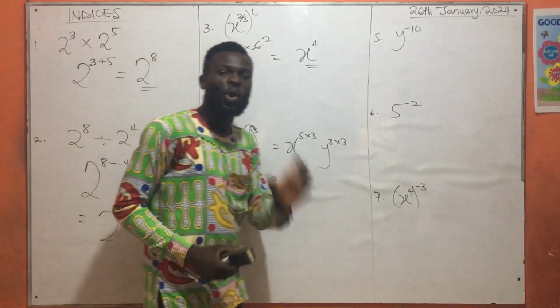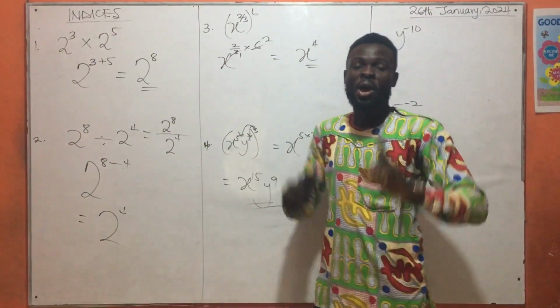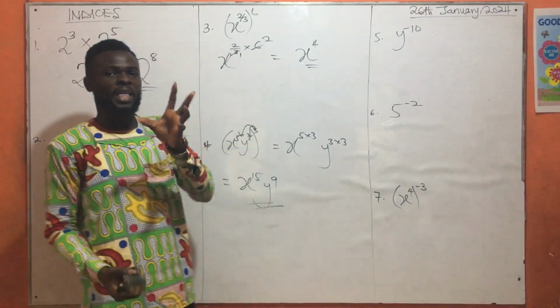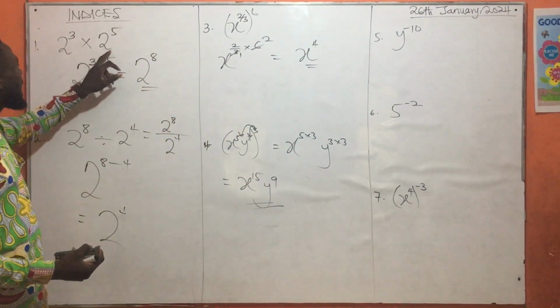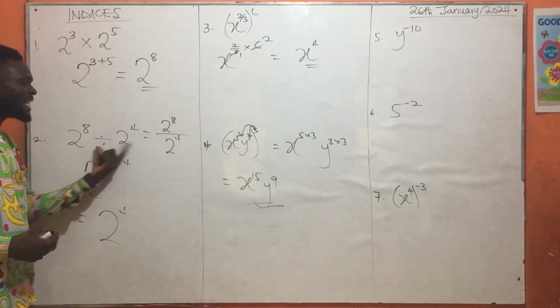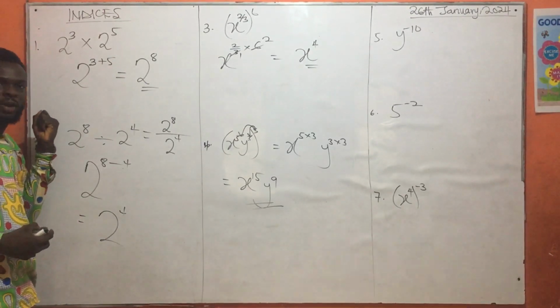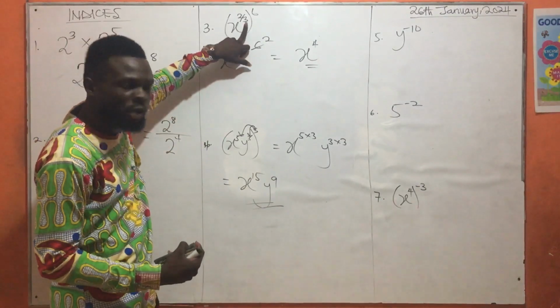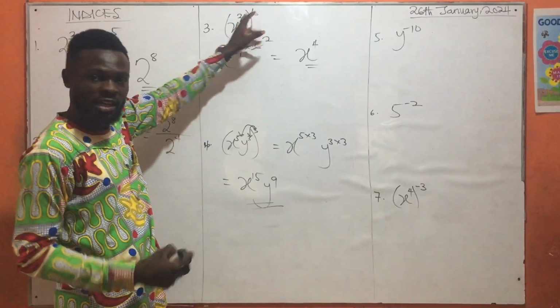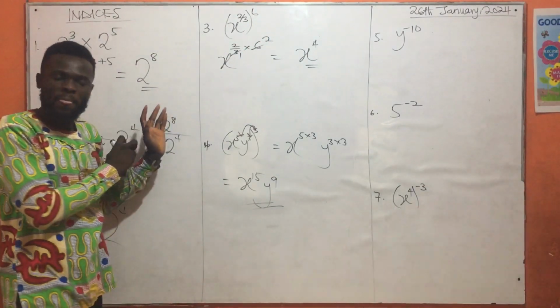All we need to know is the laws. Basically, we were having 3 laws. That is, when you are multiplying and the bases are the same, add the powers. When you are dividing and the bases are the same, subtract the powers. When a number is raised to a power, raised to another power again, you multiply the powers. That was the law that we knew.